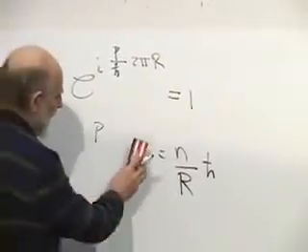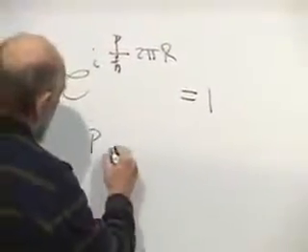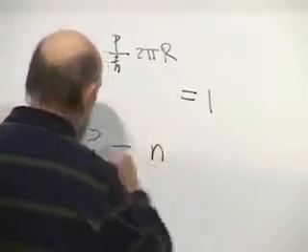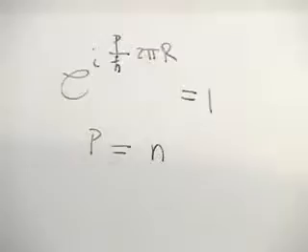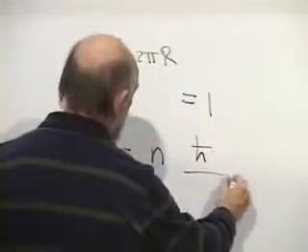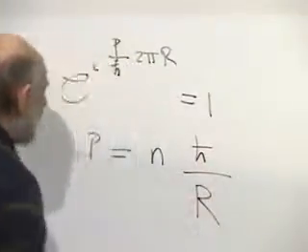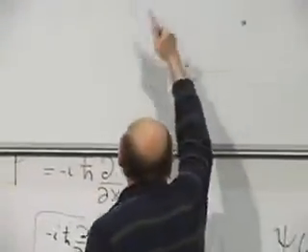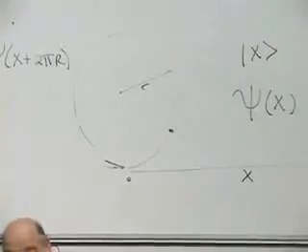Let me clean that up. The allowable values of the momentum are integer multiples of what? Of h bar over r. If we choose any other values of p in this wave function, it won't be periodic, and it will not correspond to motion on a circle.